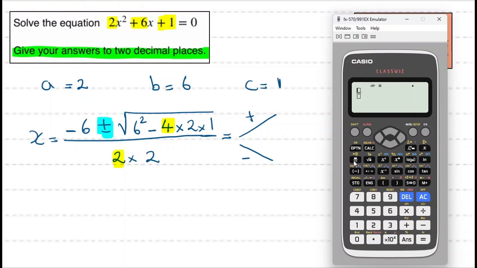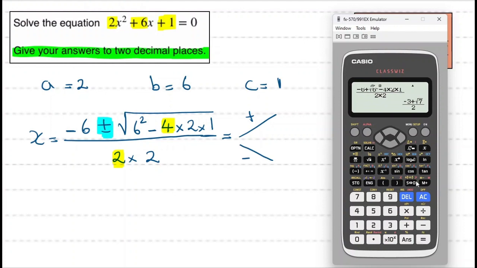So we press the fraction button, and on the top of the fraction we have minus 6 plus the square root of 6 squared minus 4 times 2 times 1, and then at the bottom of the fraction we have 2 times 2.